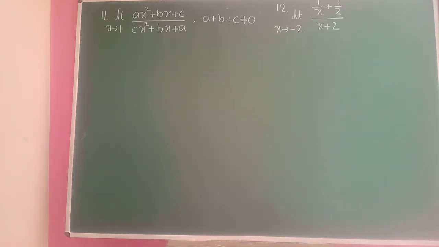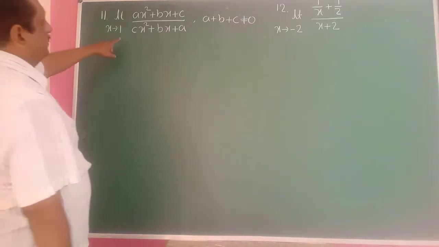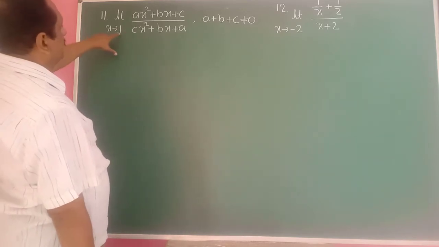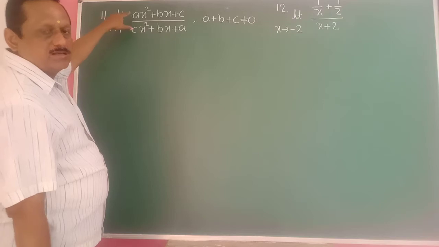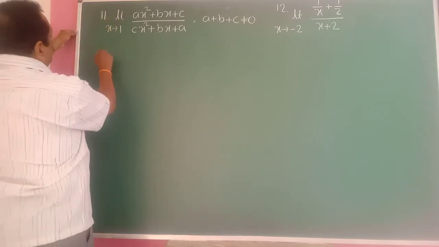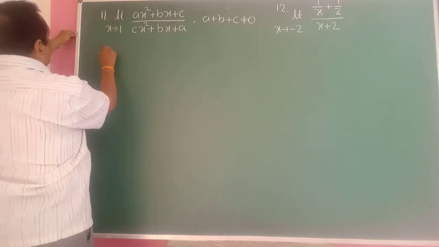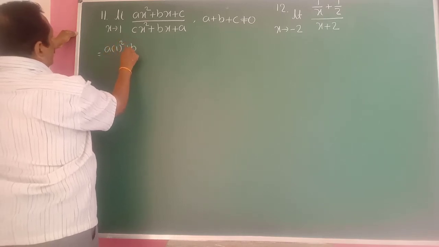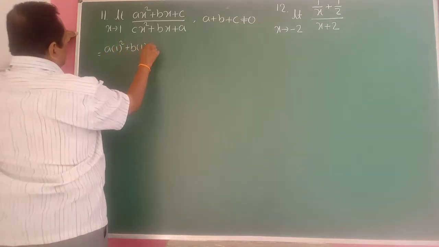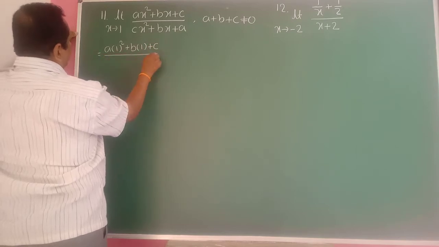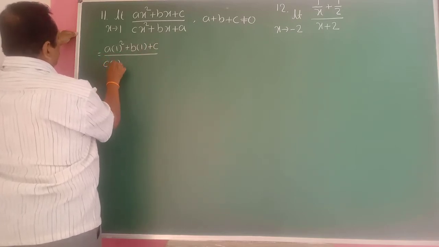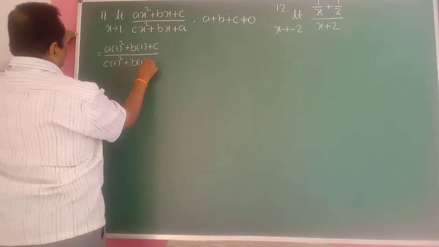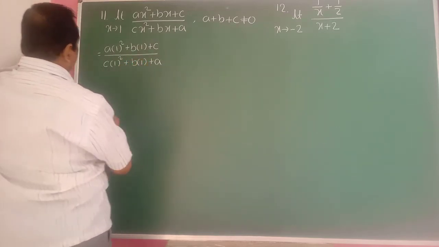Limit of (ax square plus bx plus c) by (cx square plus bx plus a) as x tending to 1. In this case, I directly substitute x equal to 1 only because you will get a definite value. A into 1 square plus b into 1 plus c divided by c into 1 square plus b into 1 plus a.